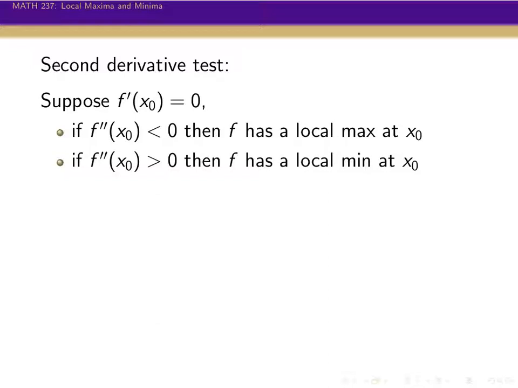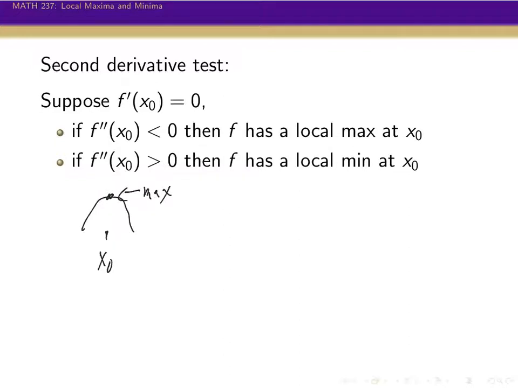So if it's a critical point and we're using the second derivative test, we can assume that the first derivative is equal to 0. Well, if the first derivative is equal to 0 and the second derivative is negative, that means that it is concave down. And so what's happening at x0? If it's concave down at x0, then that's going to be a local max.